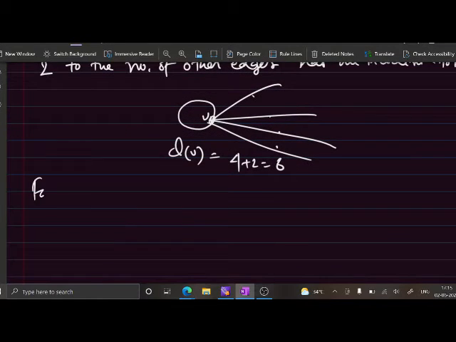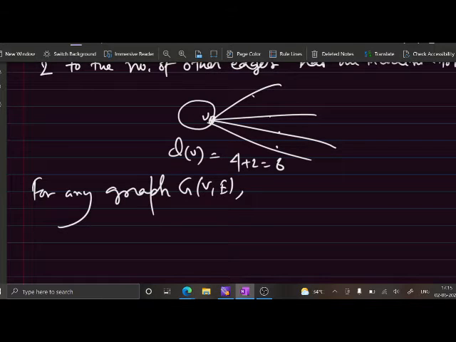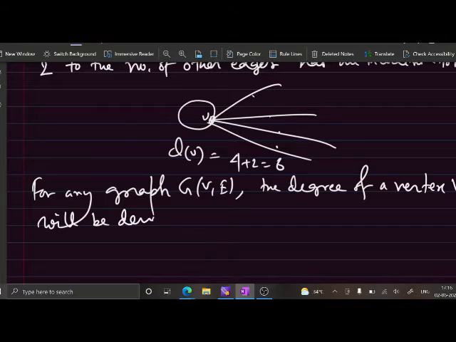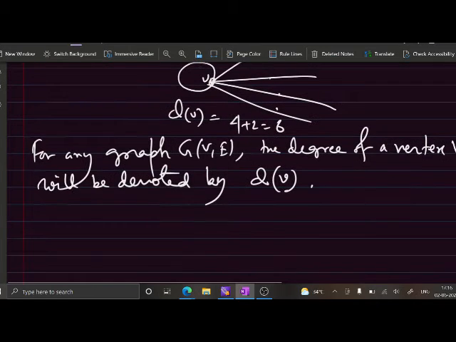So for any graph G, the degree of a vertex V will be denoted by d(V).